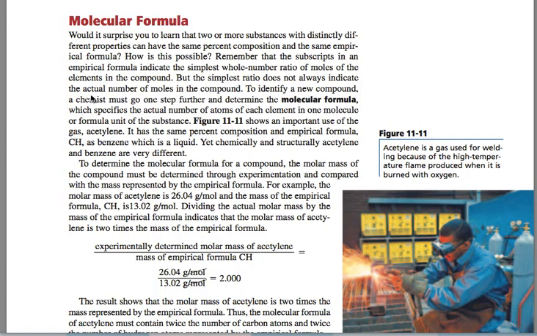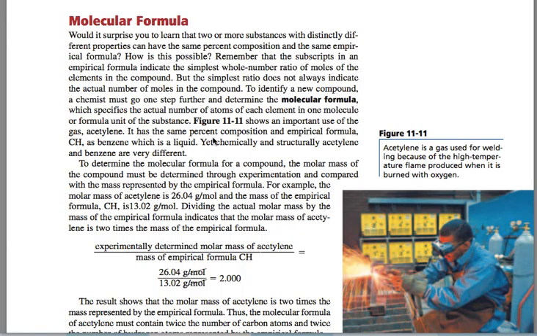To identify a new compound, a chemist must go one step further and determine the molecular formula, which specifies the actual number of atoms of each element in one molecule or formula unit of the substance. Figure 11 shows an important use of the gas acetylene.